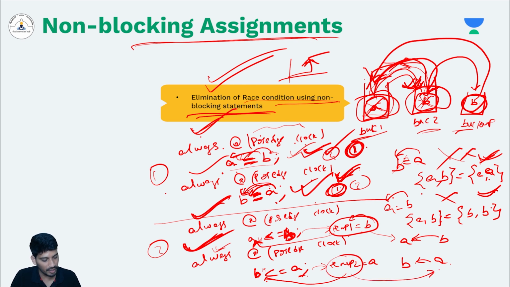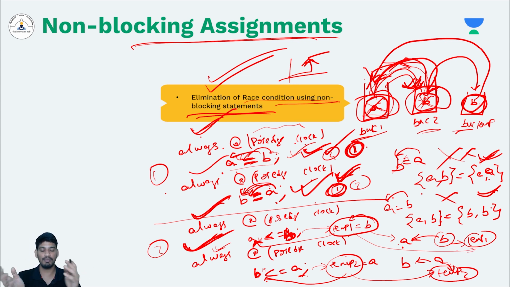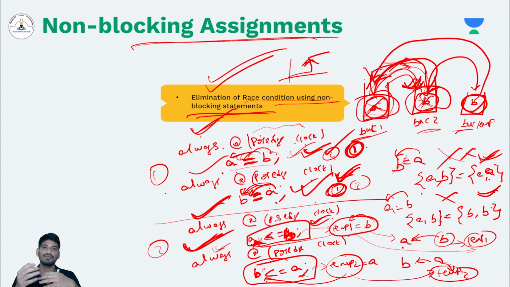This is very, very important. This A is coming from temporary variable 2 and this B is coming from temporary variable 1, right? In this way, you can swap A and B by using non-blocking statements. Here there is no race condition because A and B are easily swapped since we have used non-blocking statements.